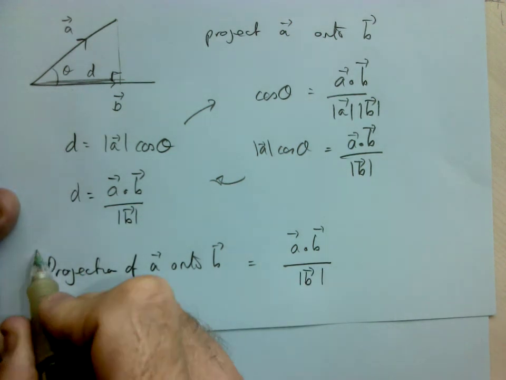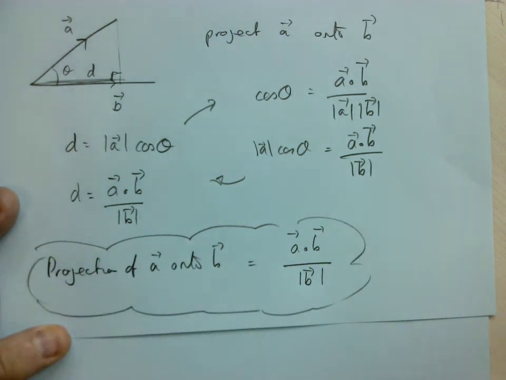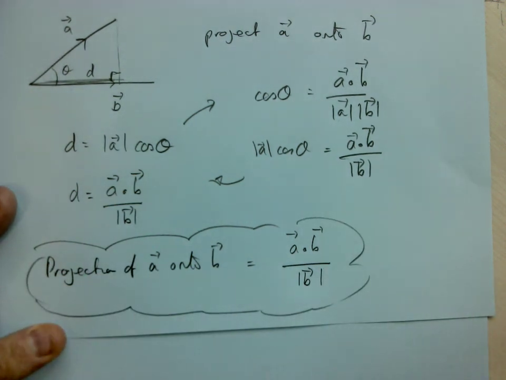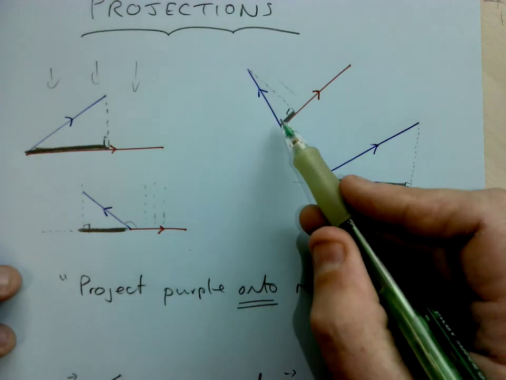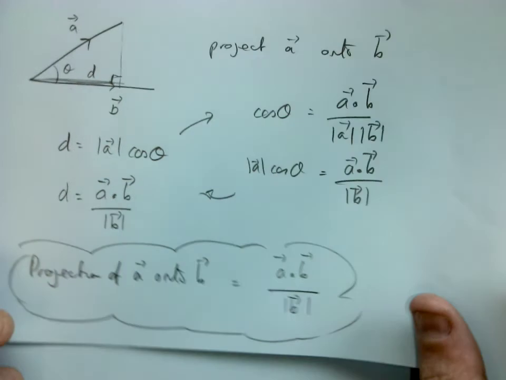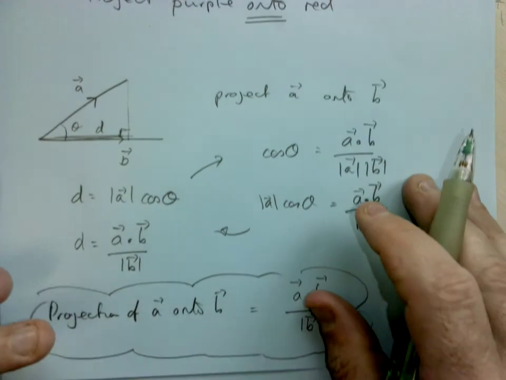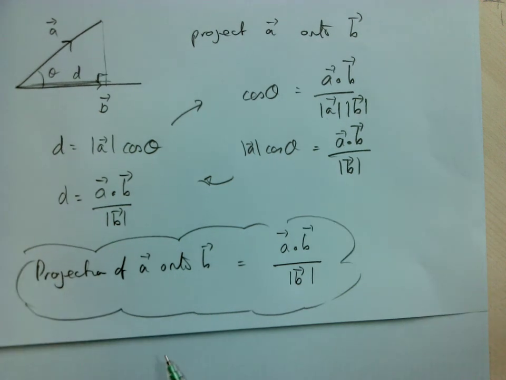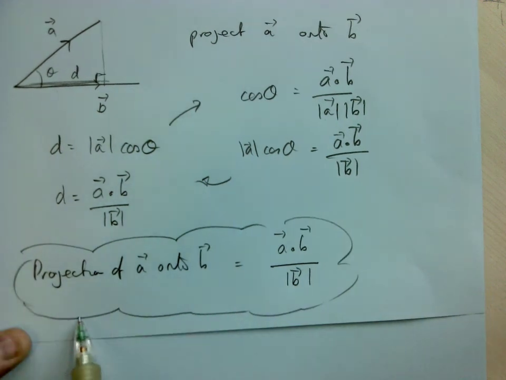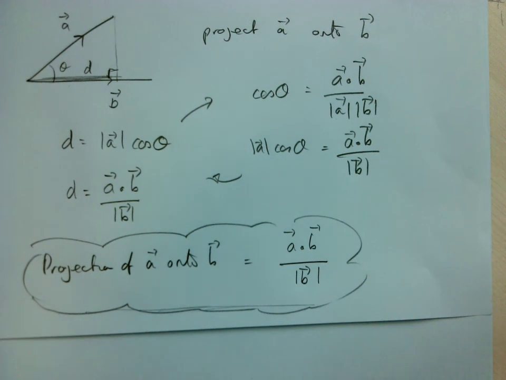Okay, so that's the result that we're going to use when we talk about projections. If you start to think about this, you can see that the bigger the angle, the smaller the projection is going to work out. The length of the screen is factored out by the fact that you divide by the magnitude of the vector you're projecting onto. So it's a very useful formula, as you will see over the next few lessons.